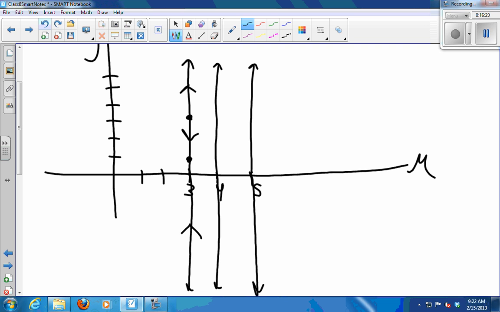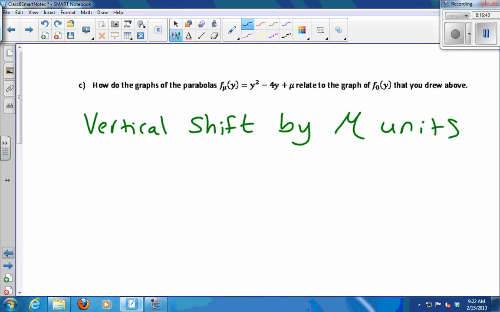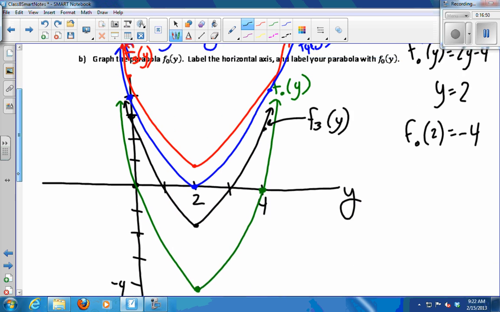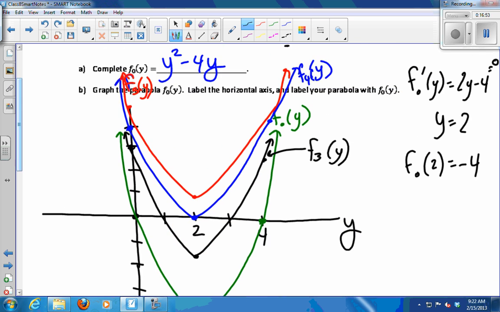Now I want to do phase lines for my other two. At 4, I only have a single equilibrium point. Where is it? It's at 2. The blue one, F4, has a single equilibrium point at y equals 2, and the derivative is always positive on either side of that equilibrium point.